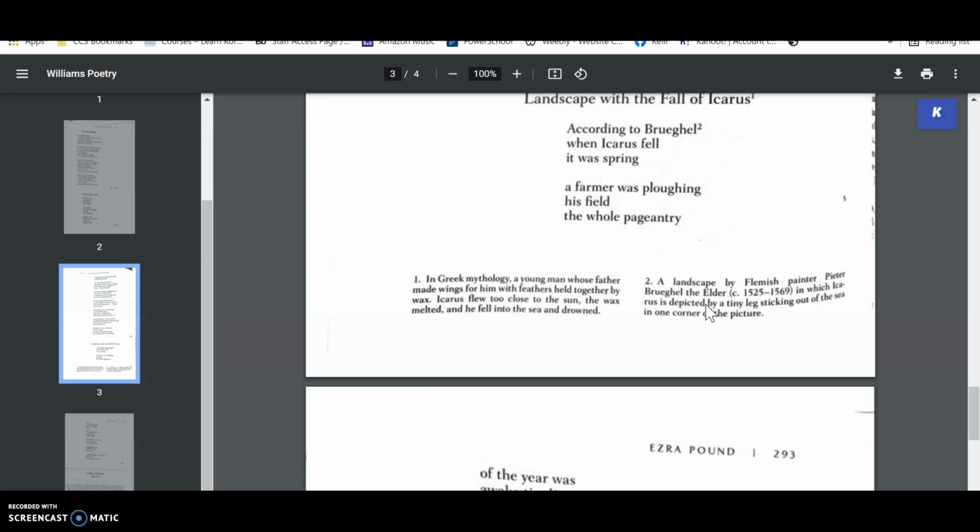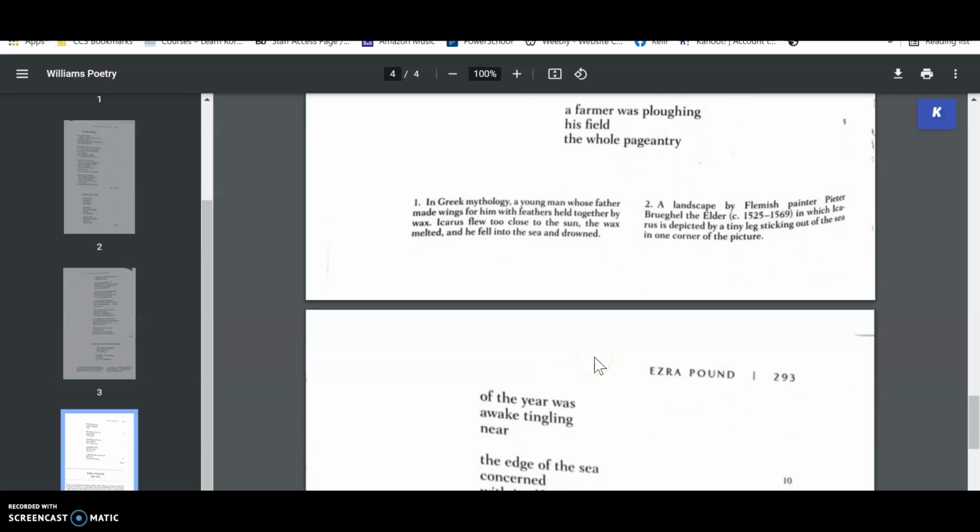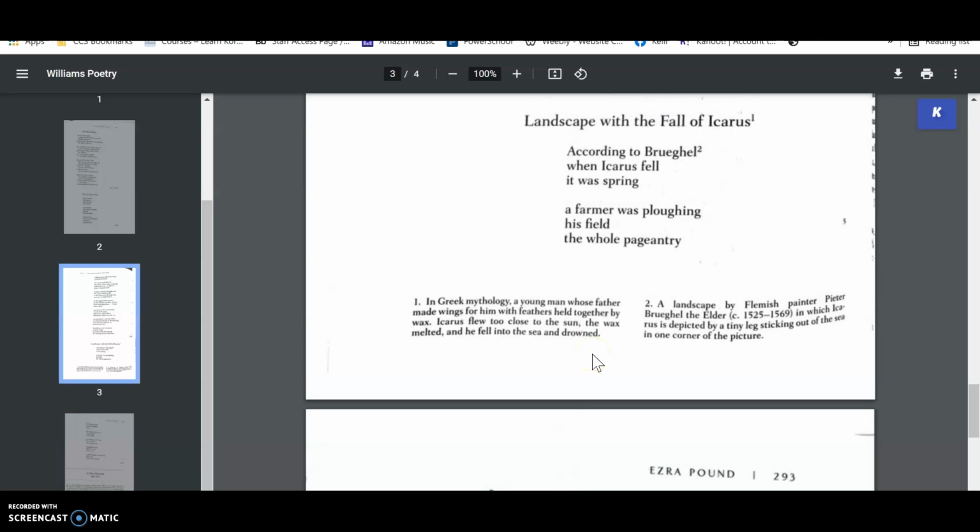In the second stanza, you have some unintended rhymes. You have spring and plowing. And I think that spring into plowing, going into that, is unintended, but it also is purposeful in a lot of ways.